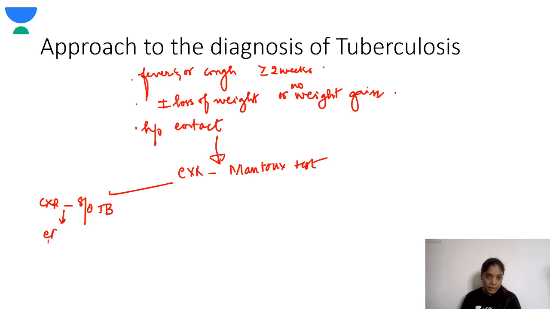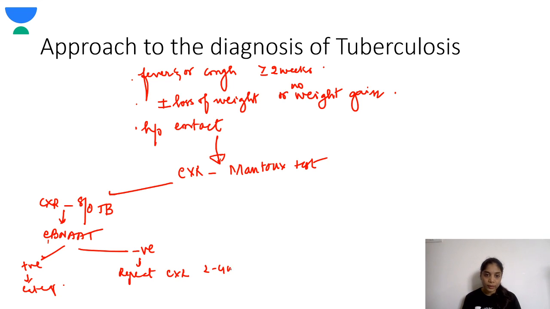If it is positive, you should assign the category. Which category? Category 1 or category 2? Tell the category and give the treatment, start the treatment. If it is negative, you repeat the chest X-ray after 2 to 4 weeks.